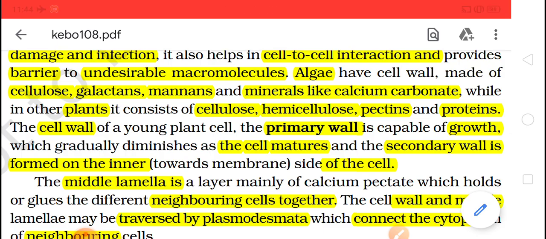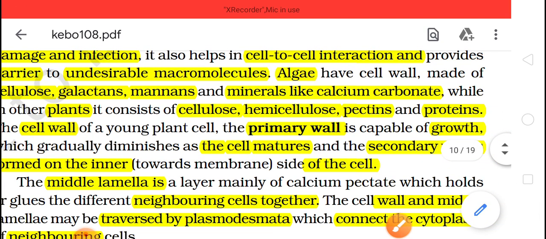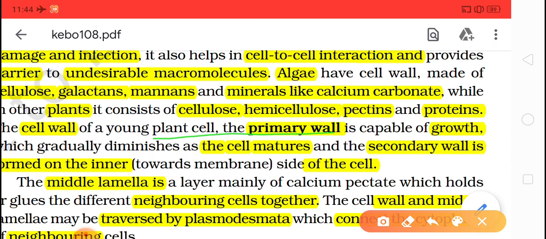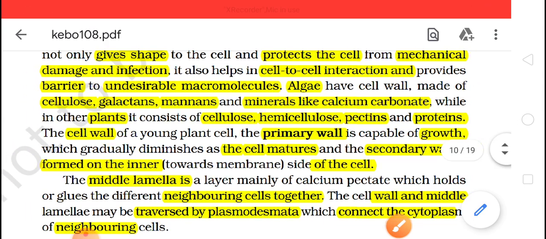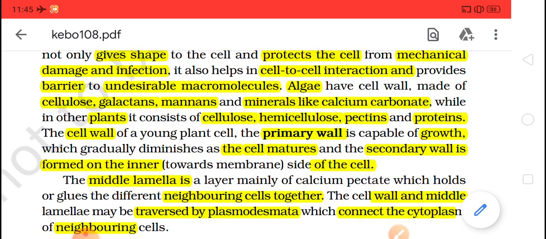The cell wall of a young plant is the primary wall, and it is capable of growth, which gradually decreases when the cell becomes mature.